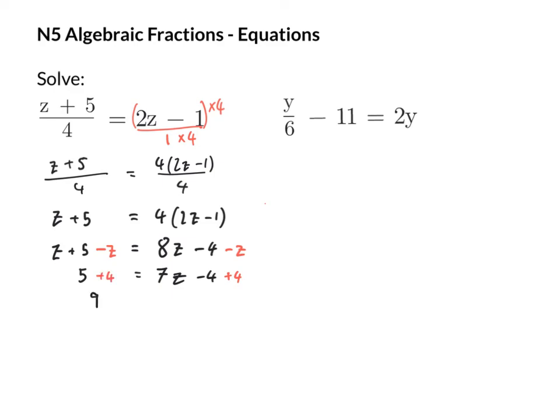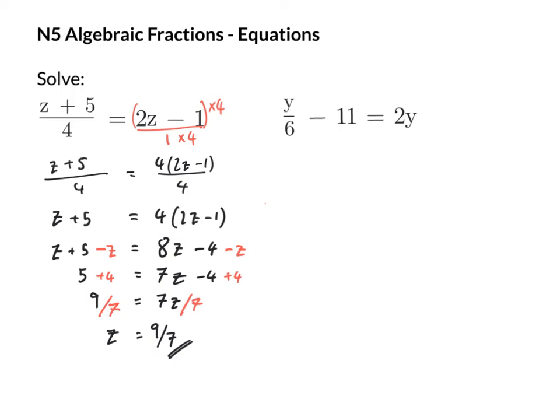That'll give me a 9 on the left-hand side and a 7z on the right, because minus 4, positive 4, another zero pair that will cancel out. I don't want 7z, I want a single z, so dividing each side by 7 will tell me that z is equal to 9 over 7.